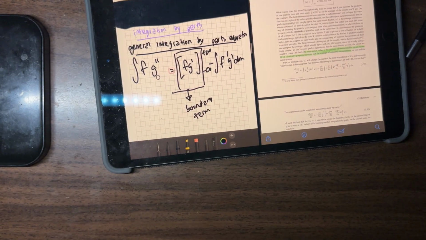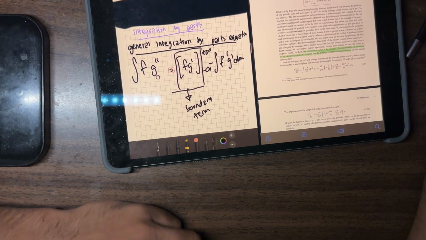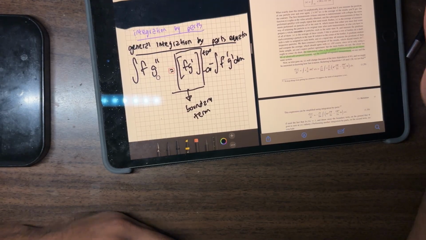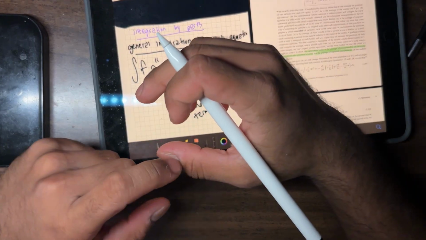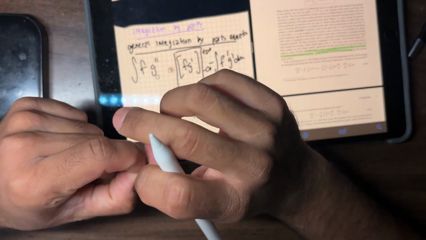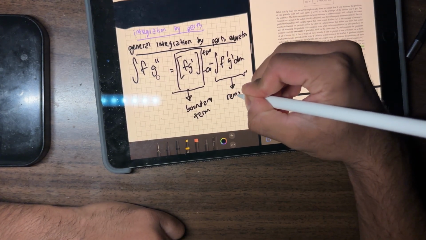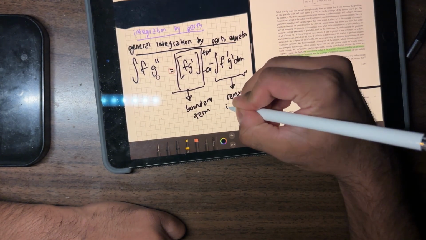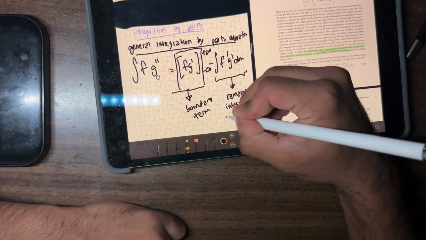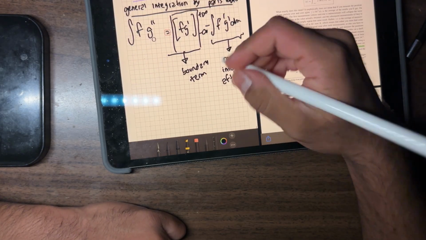This is the boundary term, and this is the remaining integral after moving the derivative.